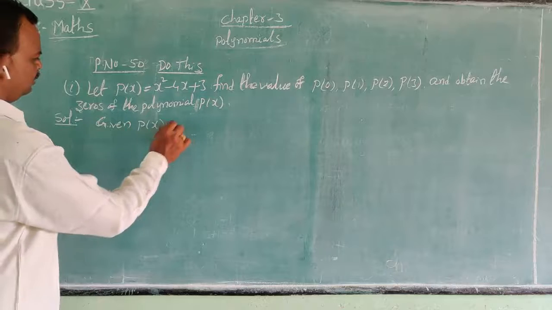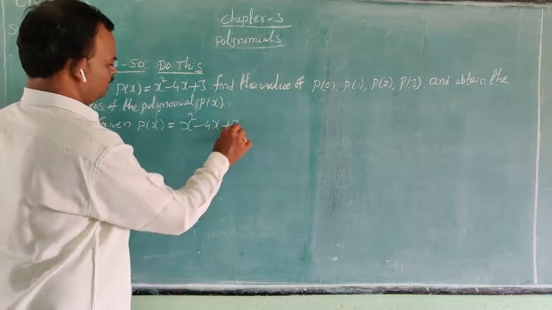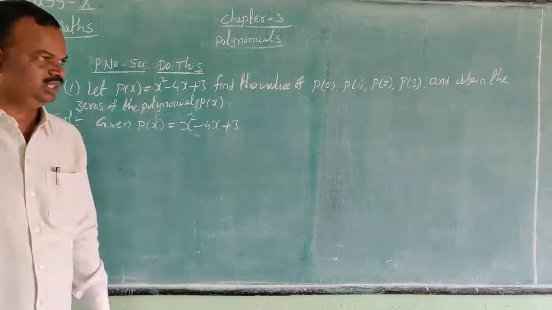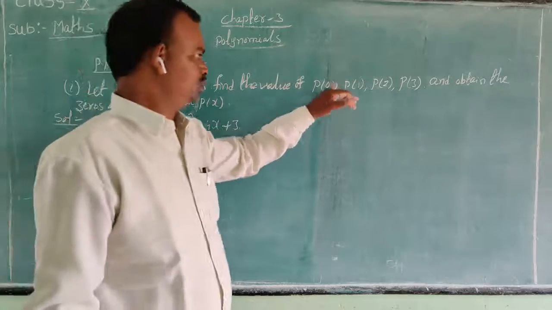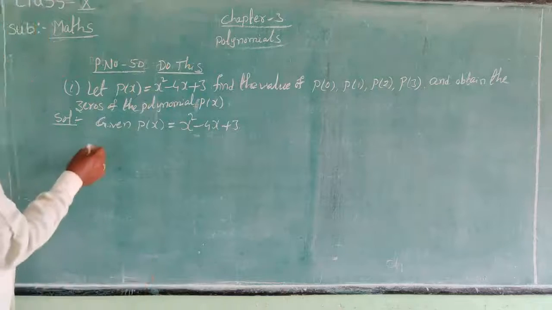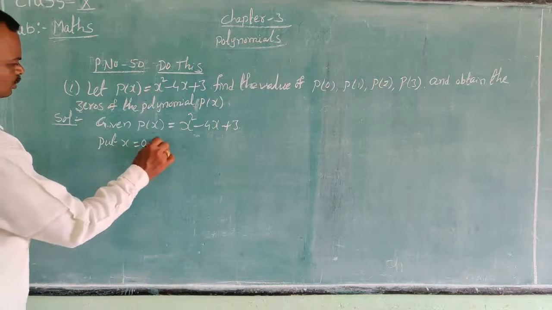P of x is equal to x square minus 4x plus 3. Here we are finding the values of p of 0, p of 1, p of 2 and p of 3. The first value, put x is equal to 0.